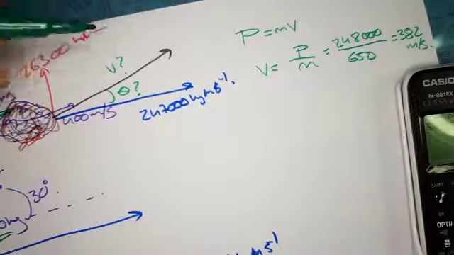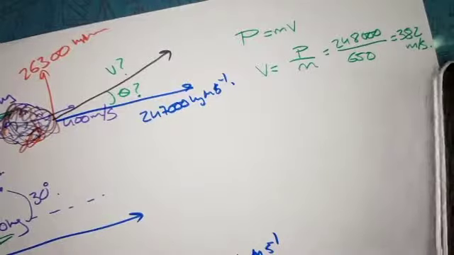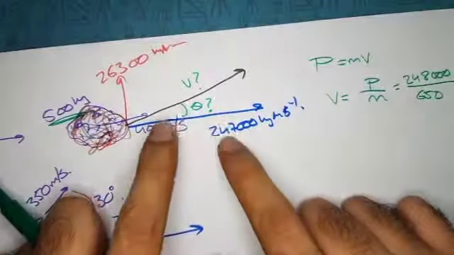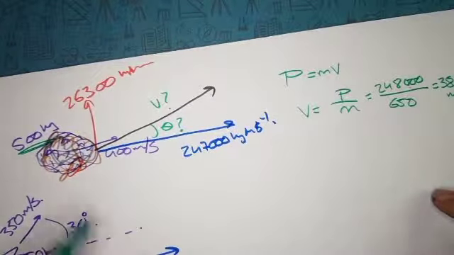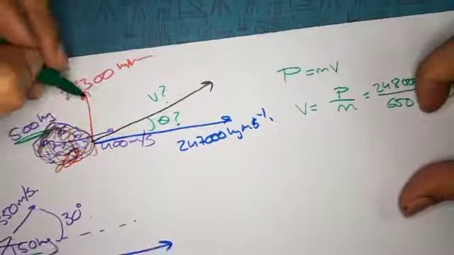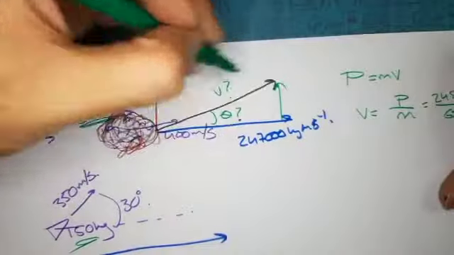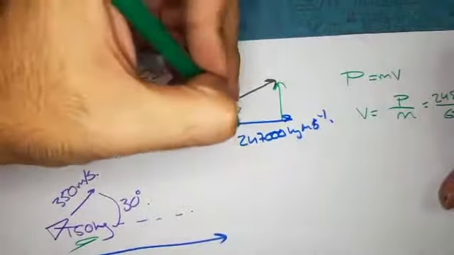Pretty good. Can you help me do one last sum and tell me what this angle is? How would you do that? Tan theta. Because if we look at this as a vector triangle, this would be our opposite and this would be our adjacent.